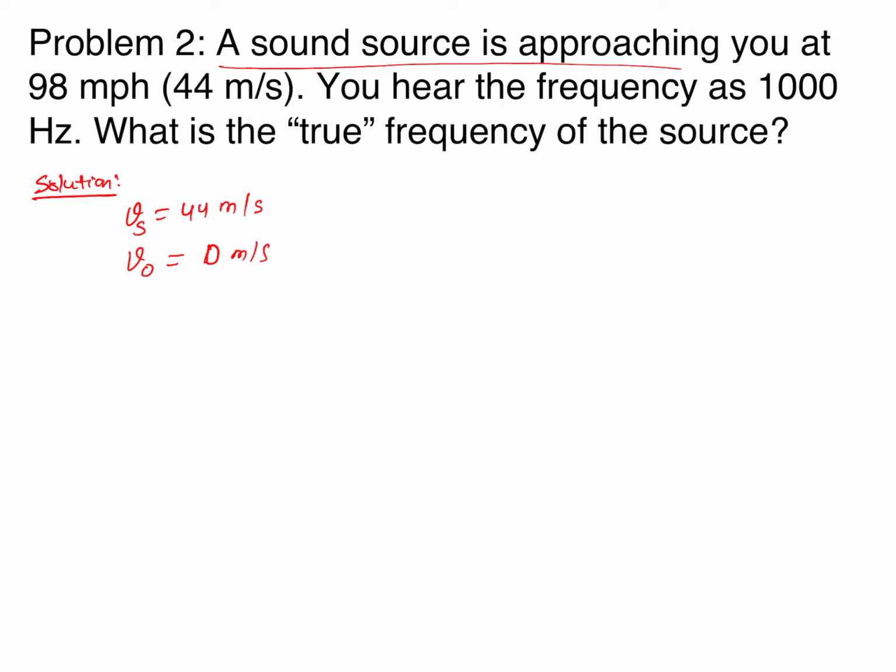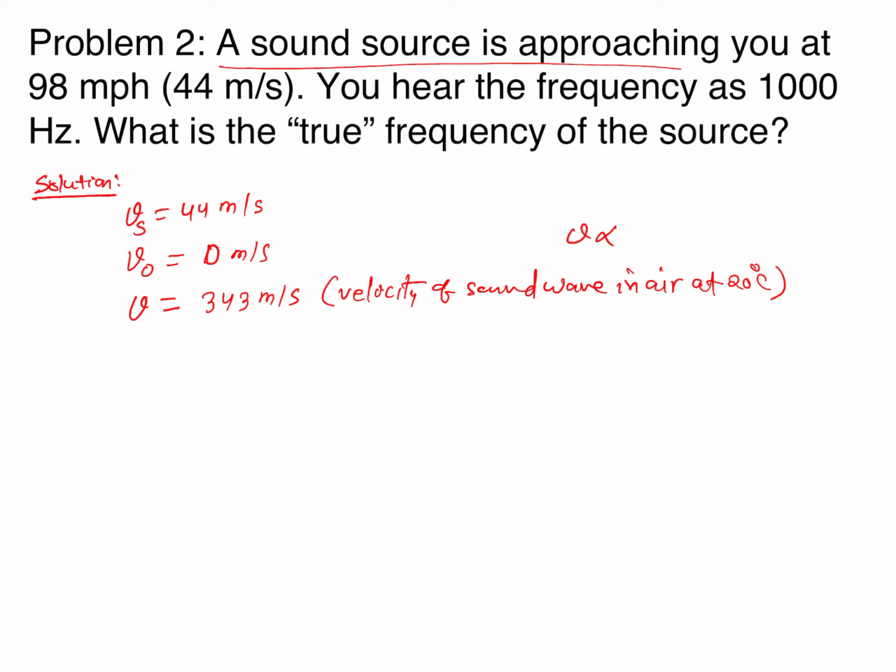Then the velocity of the wave is 343 meters per second, the speed of the sound wave in air at 20 degrees centigrade, that means room temperature. Remember that the speed of the sound wave increases with the temperature. If you increase the temperature of the air molecules, then the speed increases.